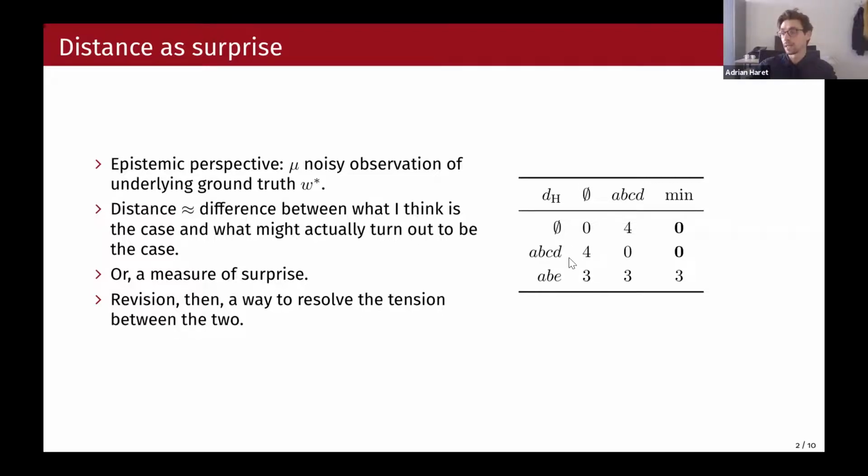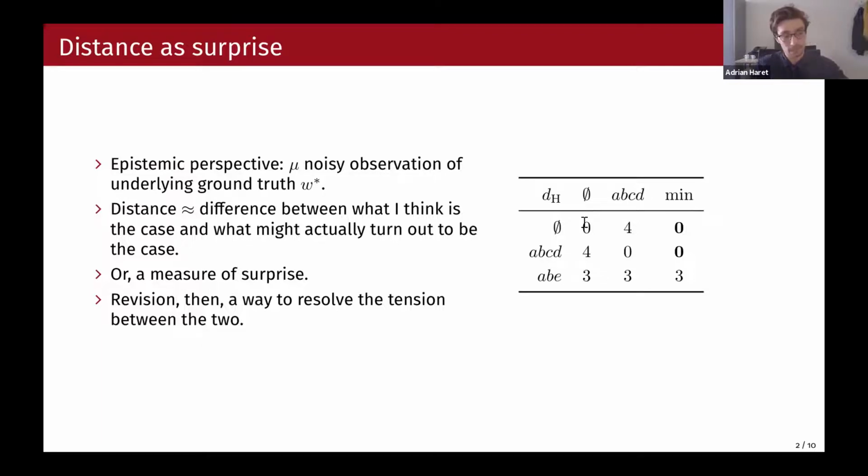I'll be very surprised if ABCD turns out to be the case, much more surprised than if it turns out that I was actually correct and that empty set will be the case. So it makes sense to minimize surprise, in the sense that it allows you to resolve this tension between my predictions and reality.